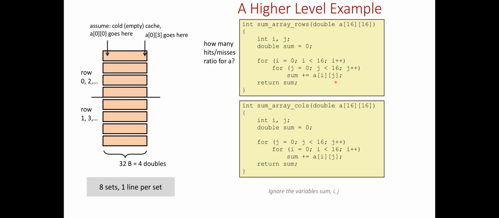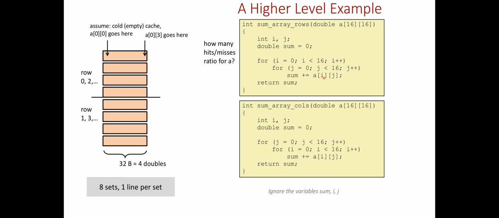Well, what that means in terms of a program like you see over here is if we are accessing a 2D array and we're accessing it in this fashion, you can see the name sum array rows. We are in the inner loop here going through every element in a row before we switch to the next row.